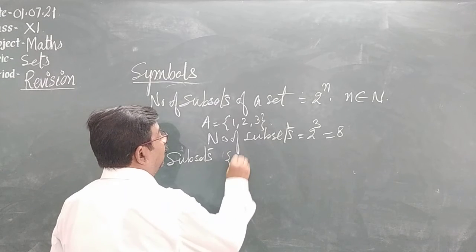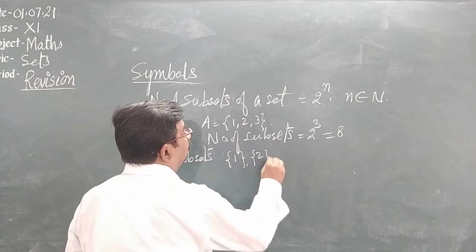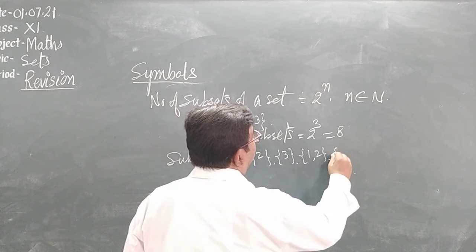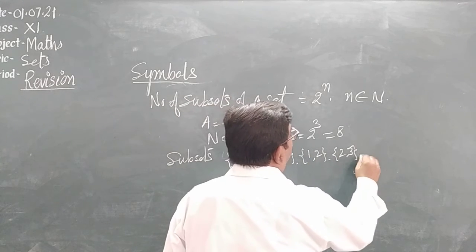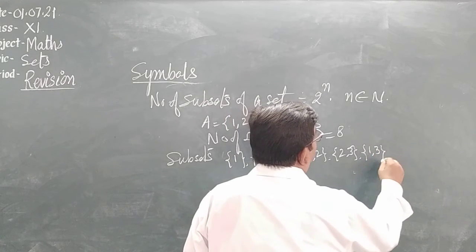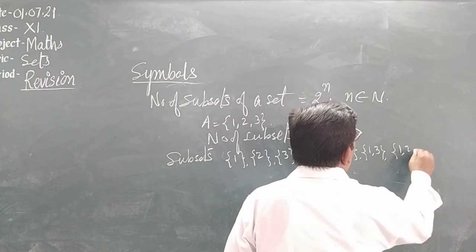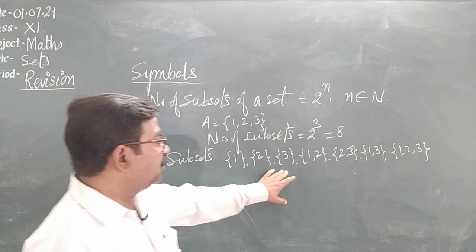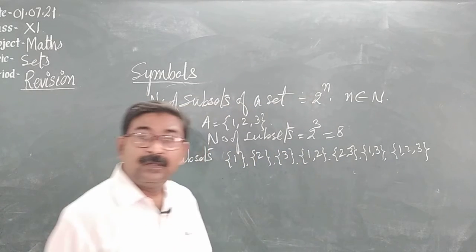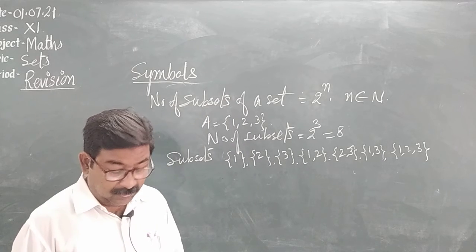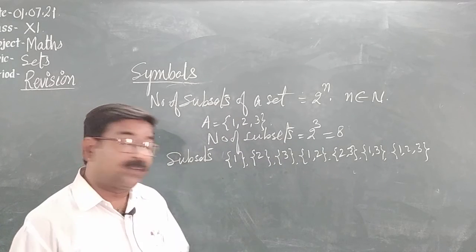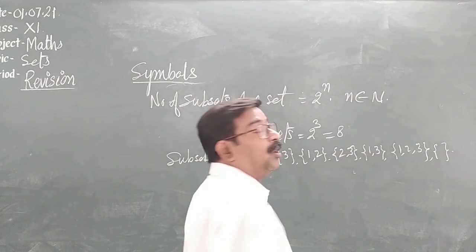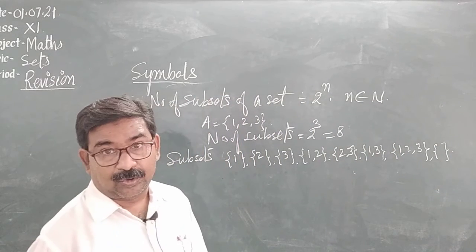We can write {1}, or {2}, or {3}, or {1, 2} together, or {2, 3} together, or {1, 3} together, or {1, 2, 3} all together. See how many: 1, 2, 3, 4, 5, 6, 7. We have got 7. 1 is left. And what is that? That is the empty set.